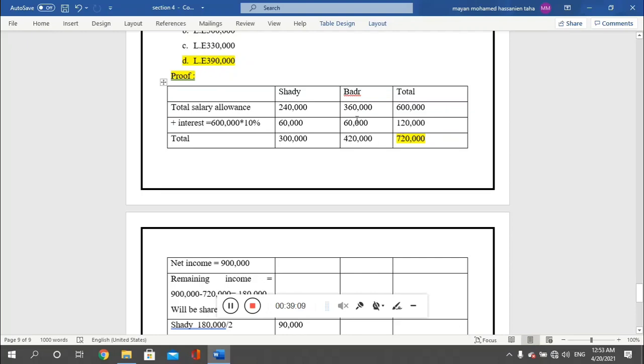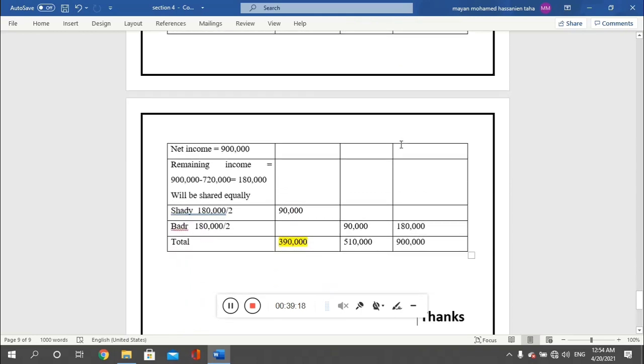$420,000, and the total amount of salary and interest for Shadi and Badr will be $720,000, and the amount of net income is $900,000. So there is a profit, or there is an income, and this income will be shared equally. So 900 minus 720,000, it will be $180,000. This 180 income will be shared equally, so we will divide it among the two partners equally.